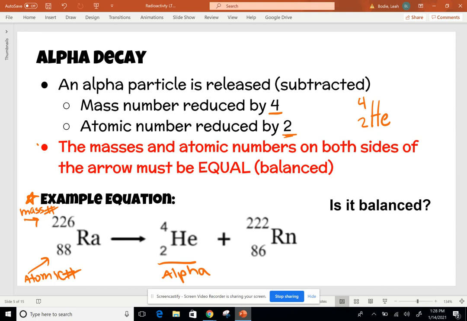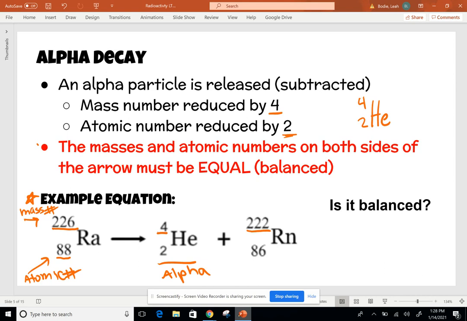And so when this alpha particle is released, we can see that our mass number here, 226, we are taking away 4. And so our new mass number that we're going to have over here is 222. Now we can see the same thing happen to our atomic number. So we started with an atomic number of 88.